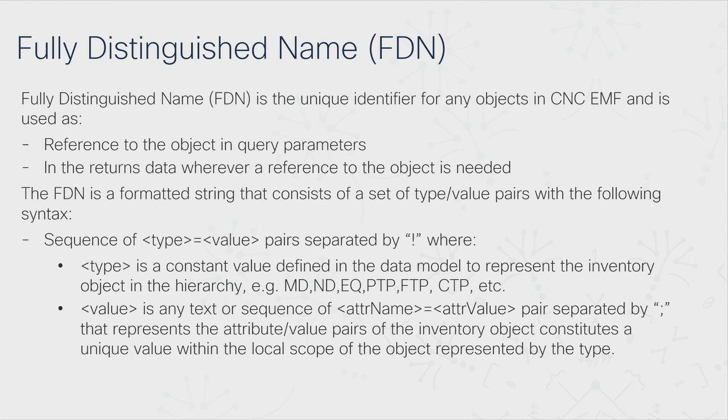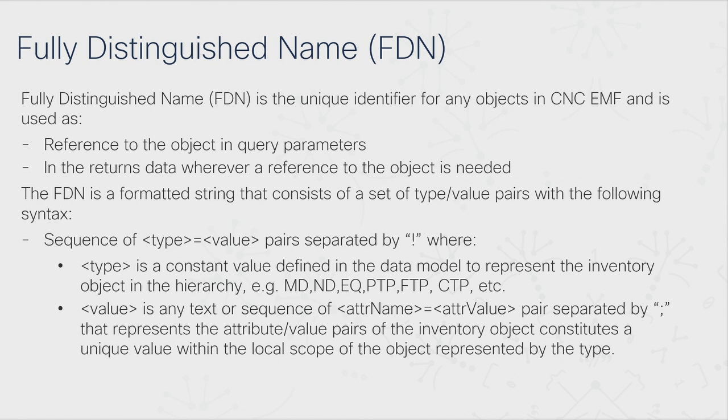So the FDN is a string, and it's typically made of a sequence of type and value, where the type is fixed, and you see here the values, while the value is a sequence of attribute and value. But the next slide will clarify the concept better, because maybe it was too complicated.